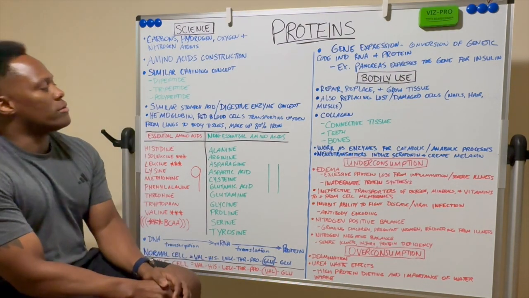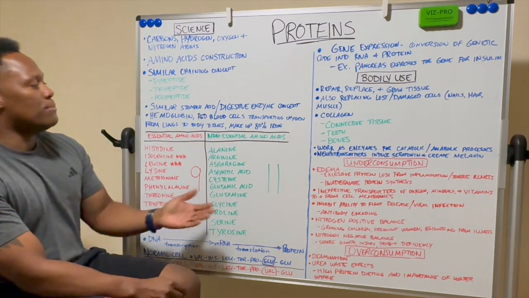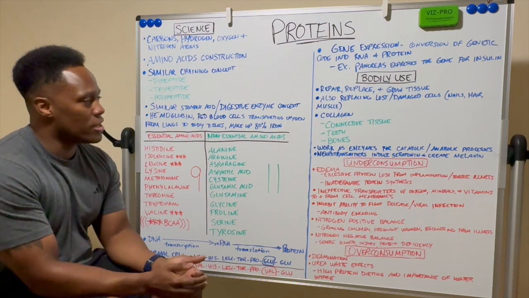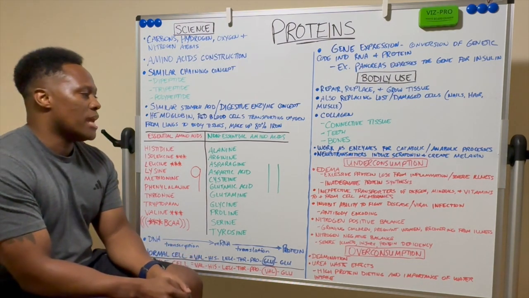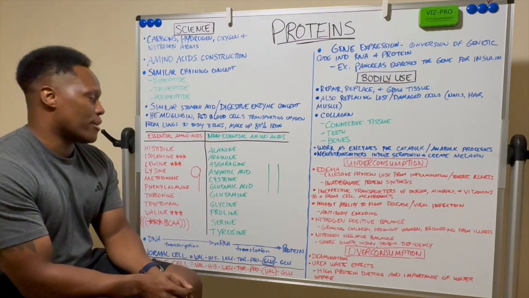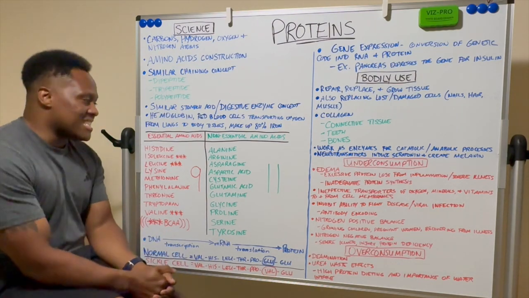Hemoglobin is an important part of proteins, and hemoglobin is basically your red blood cells. They transport oxygen from your lungs to your body tissues, and it also makes up 80% of your iron.